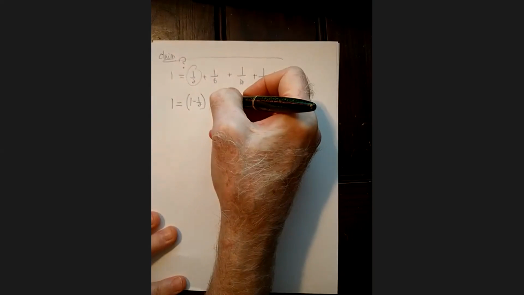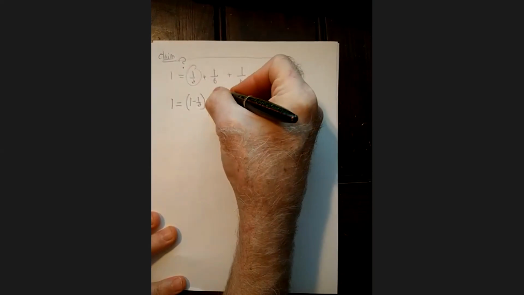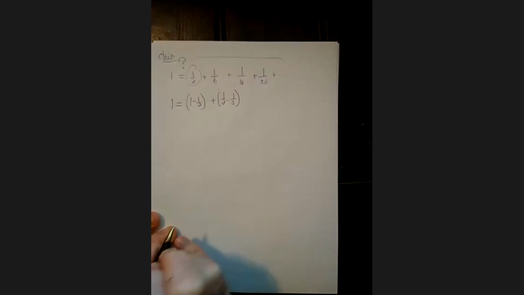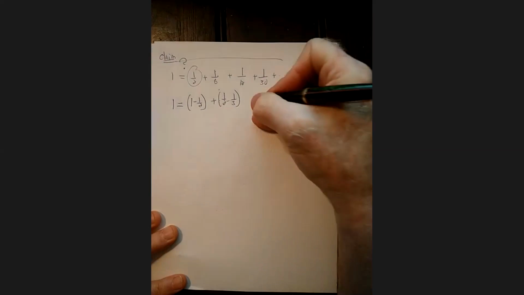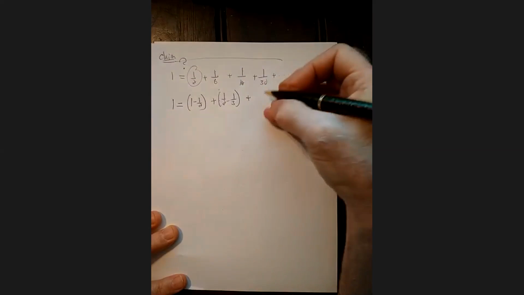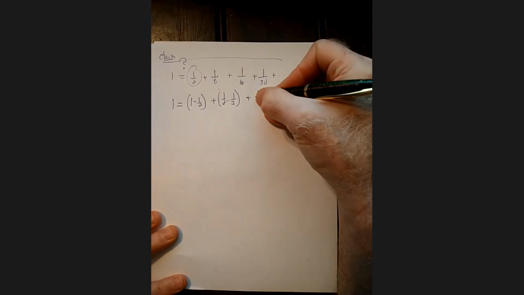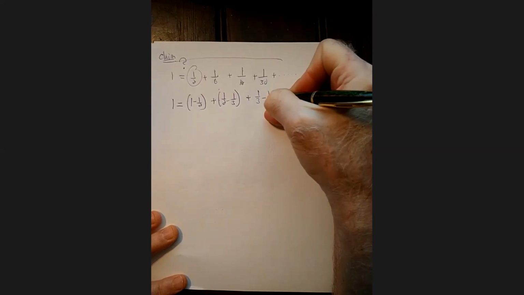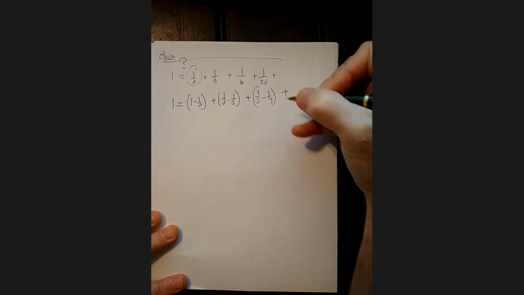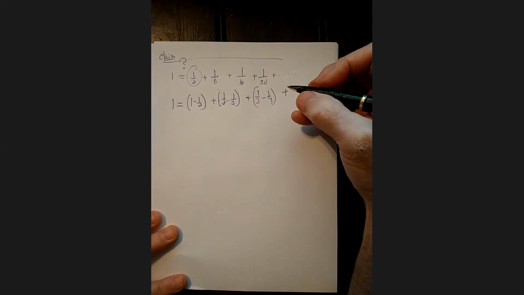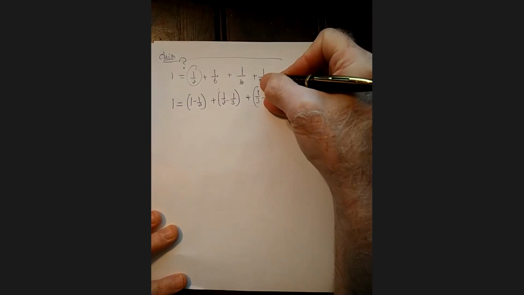Then I go to 1/6 and I see that that's equal to 1/2 minus 1/3. Then I go to 1/12. Again, I look to see how it was made. That's 1/3 minus 1/4. Sorry, the next term is 1/20th, not 30th.